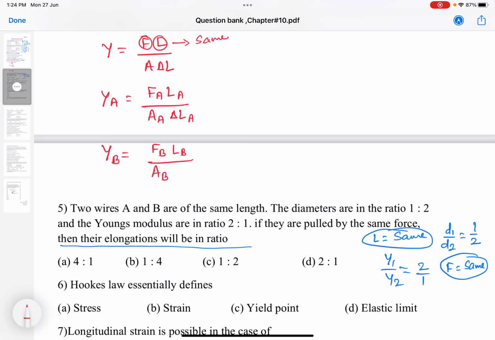Length same means LA is equal to LB. And force is also same. He said FA is equal to FB.